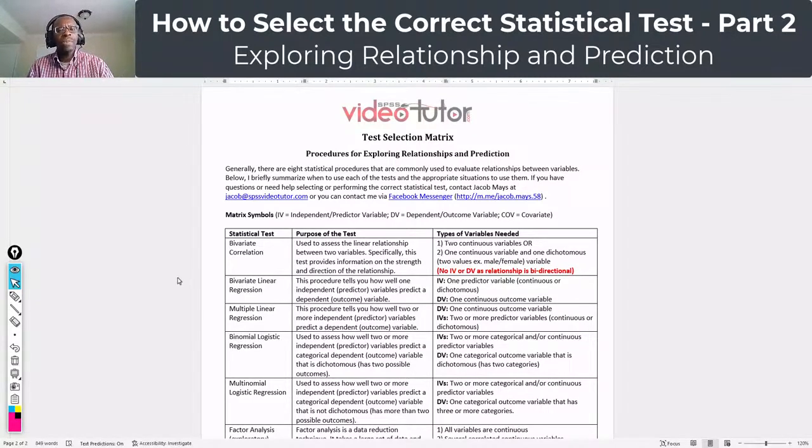So let's say, for example, we wanted to look at the relationship between height and shoe size. Essentially you would have data with height and then shoe size for each respondent: respondent 1, respondent 2, respondent 3, and so on.